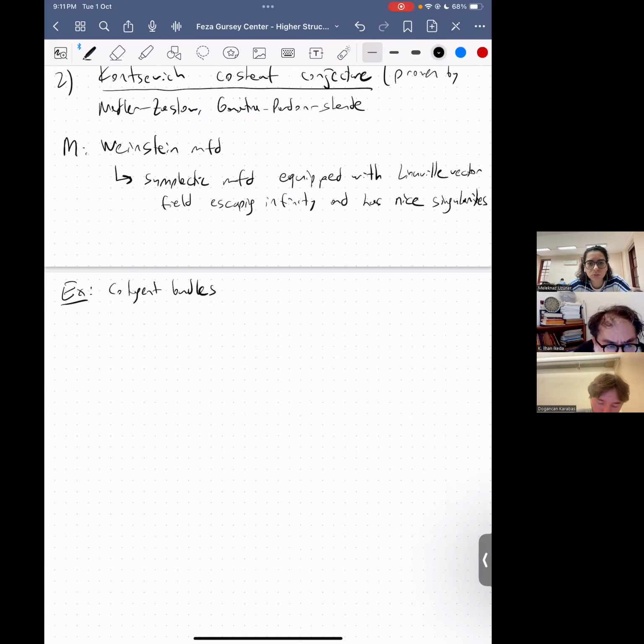Let's say T star S1, the cotangent bundle of S1, equipped with a Liouville vector field, which is this red one.